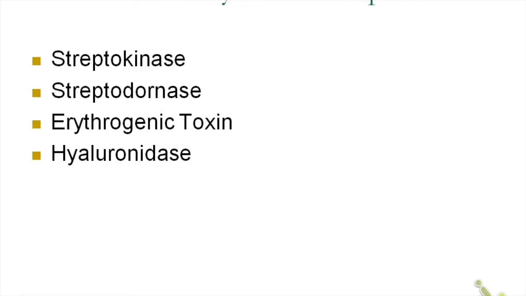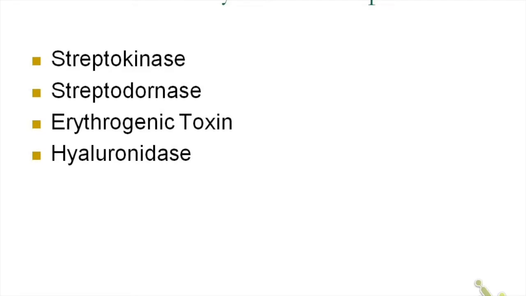Okay, so what are the different virulence factors that could be caused by Streptococcus? One of them is streptokinase, an enzyme that could lyse coagulated plasma, the same principle as staphylokinase. Streptodornase could destroy DNA. Erythrogenic toxin could lyse RBC.